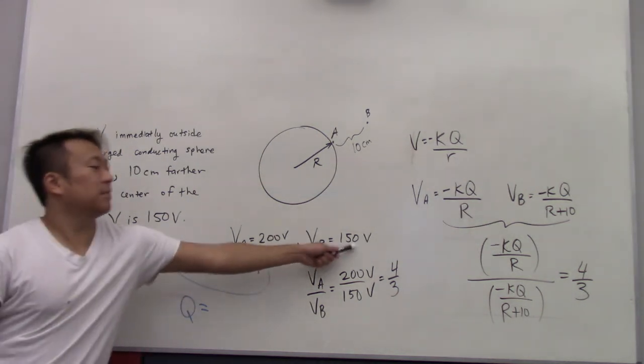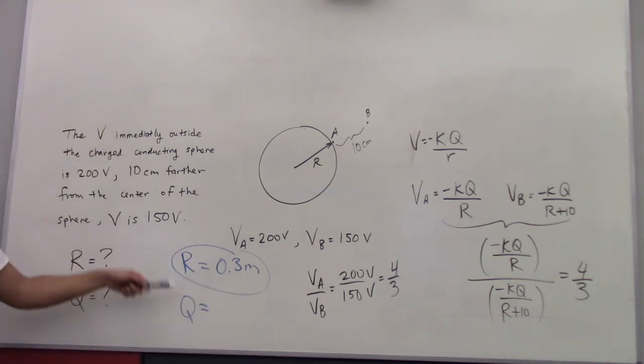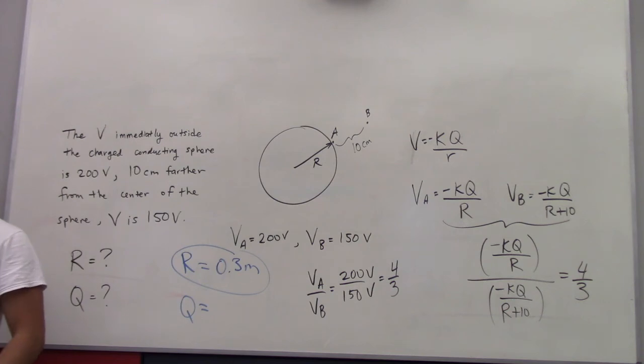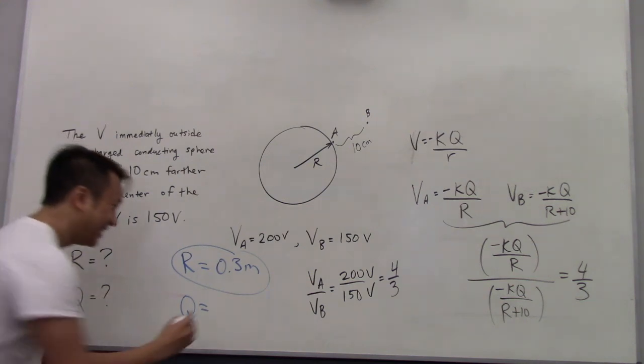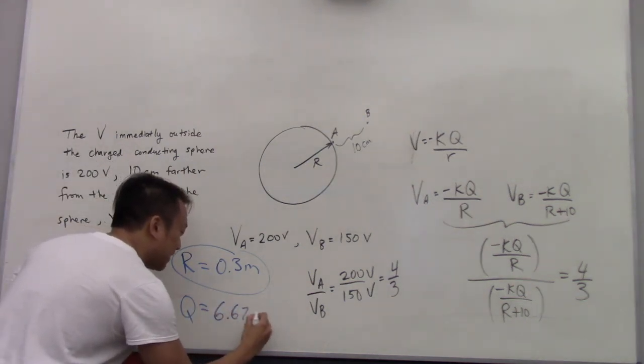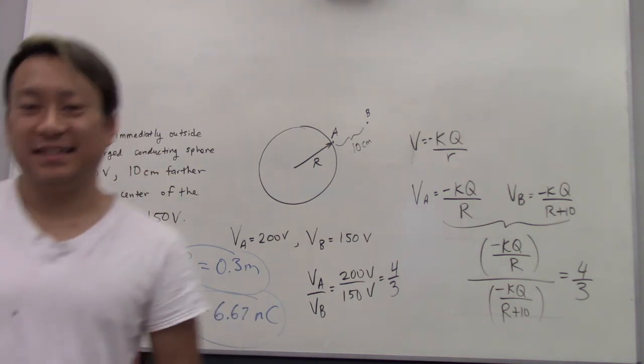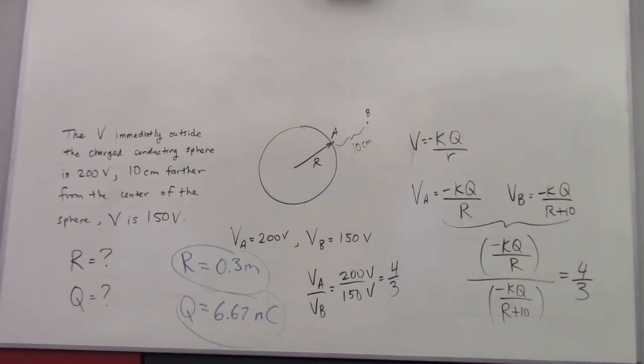When we plug these numbers in, we get 6.67 times 10 to the negative 9. Yes, got it. All right, that's just a small little thing to get people to do it.